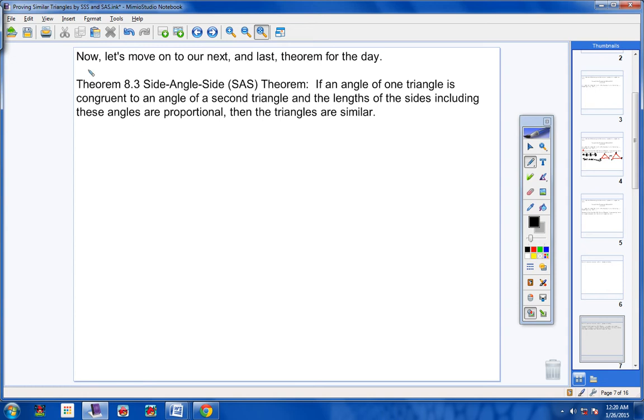Copy this down. If one angle of one triangle is congruent to an angle of a second triangle, and the lengths of the sides, including these angles, are proportional, then the triangles are similar. Now it sounds a little confusing, but I'm going to break this down for you in a couple minutes, okay?